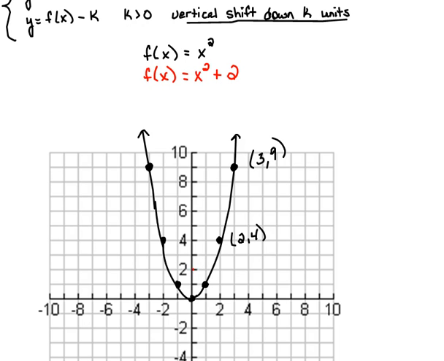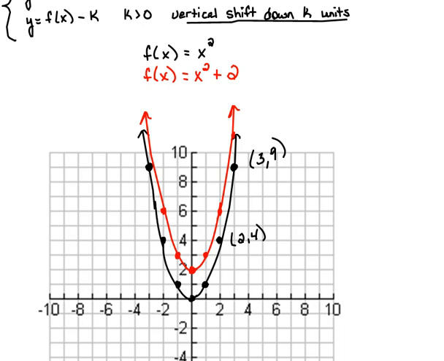It's basically going to take each one of these points and raise it up by 2 units. I'm going to draw that in quickly there: 1, 2, 1, 2, and so on and so forth. Oops, I'm off there a little bit. This would be the graph of f of x equals x squared plus 2.